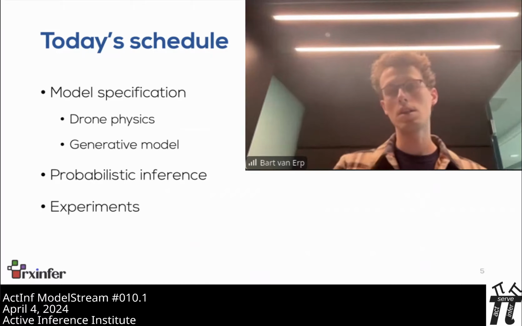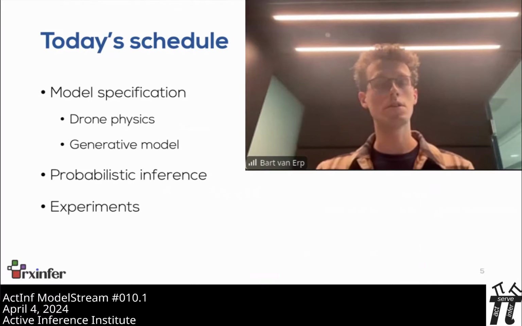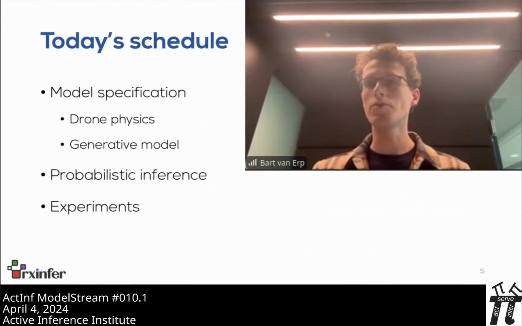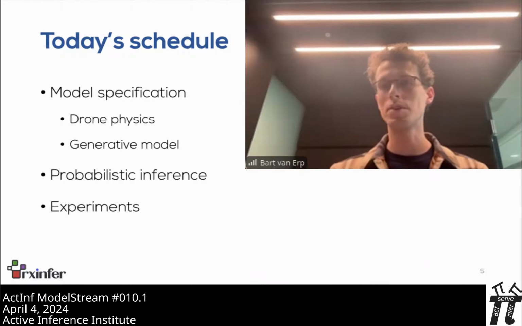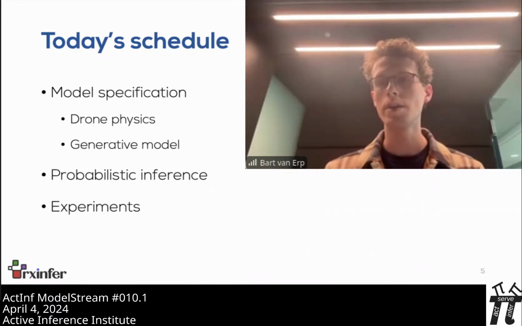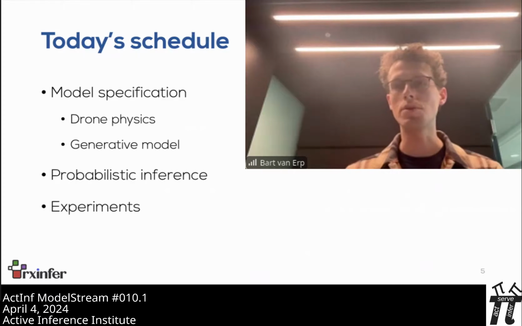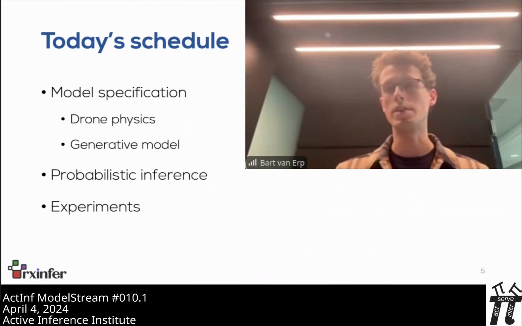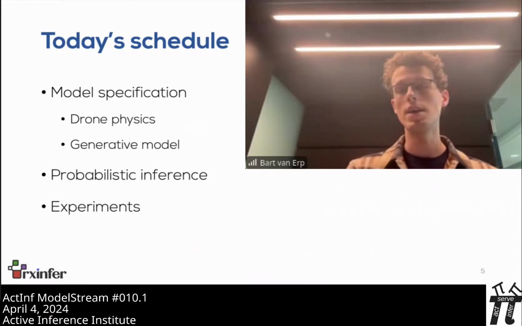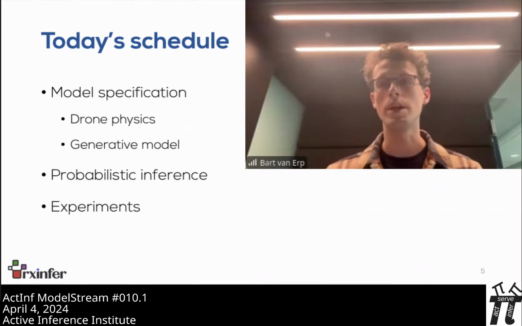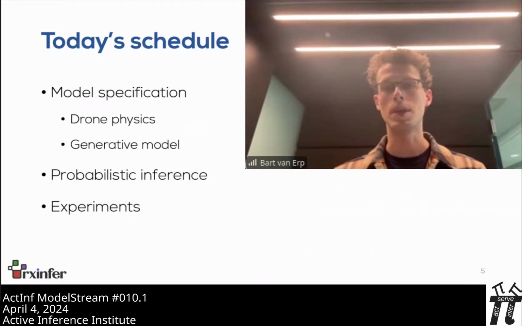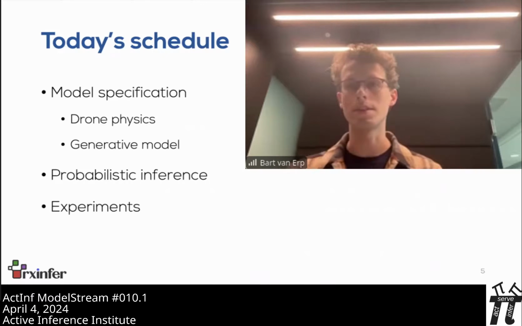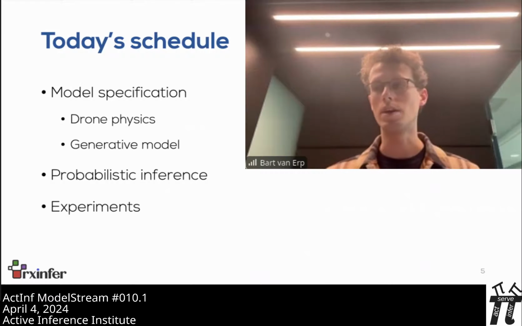Furthermore, I'll then continue upon the probabilistic inference. If we have crafted this model and we want this model actually to do something, inference allows us to compute posteriors in this model. The inference on this model is actually the underlying control algorithm that we will be crafting. And this will be automated using our toolbox RxInfer. Then finally, we'll wrap up with some experiments, and then there will be plenty of time to answer any questions that you might have.